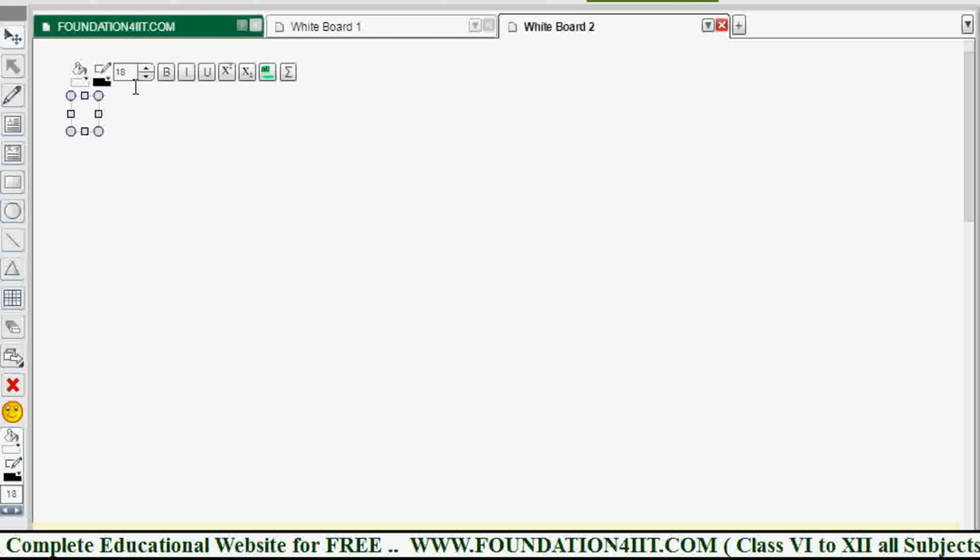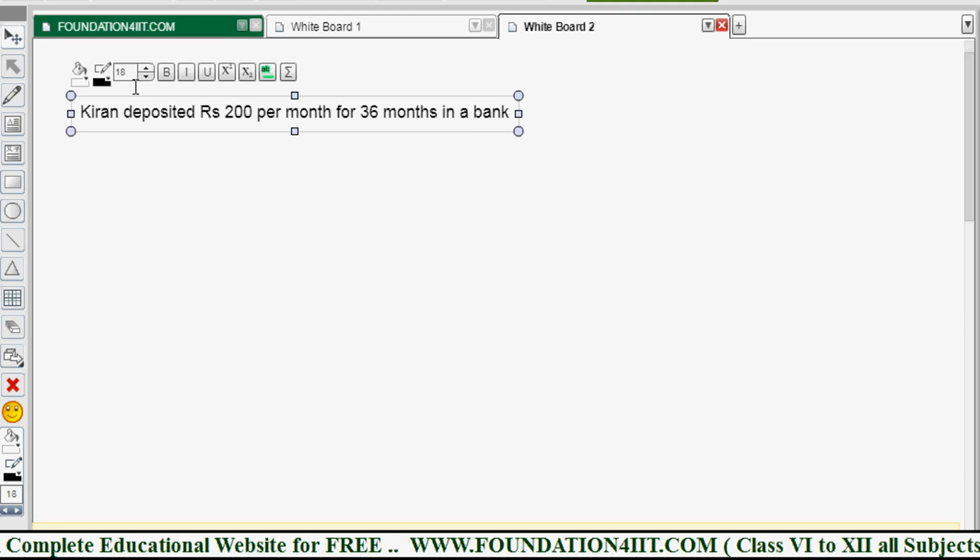For example, Kiran deposited rupees 200 per month, every month, for 36 months, in a bank's recurring deposit account. If it is the recurring deposit wording, we should use this formula.